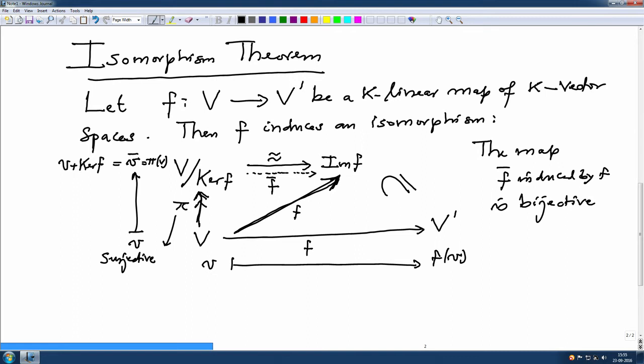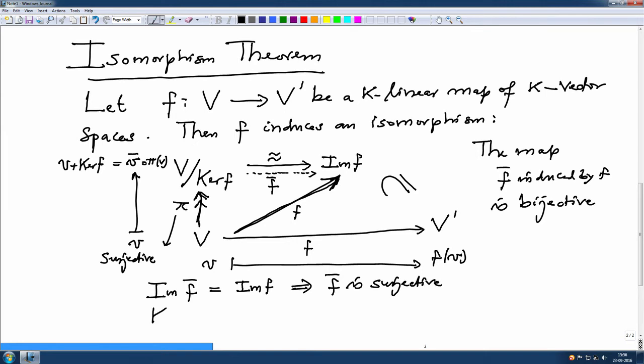But we have noted in the earlier theorem that the image of f bar is the same as the image of f. So, we have noted above that under these circumstances the image of f bar is the image of f, but the image of f is the whole thing here. Therefore, f bar is surjective. We have also noted what happens to the kernel of f bar.